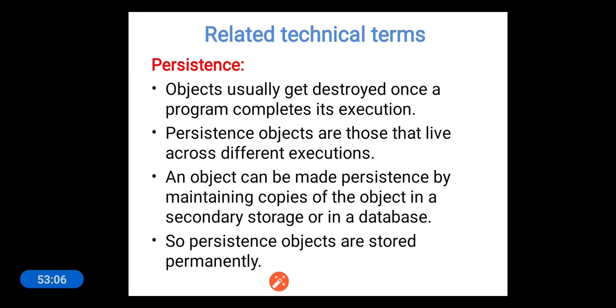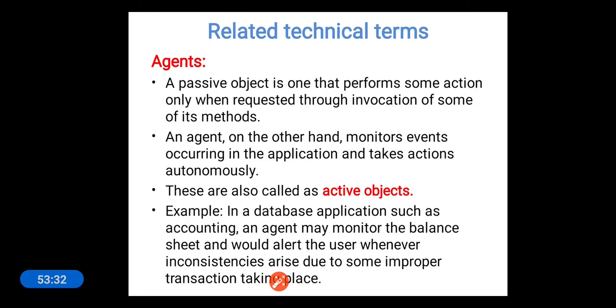That means even though the program has completed its execution, if the object is still alive, then such objects are called persistent objects. That means these persistent objects are present permanently. And this can be done if we maintain copies of the object in secondary storage or in a database. Then we can say they are persistent objects.